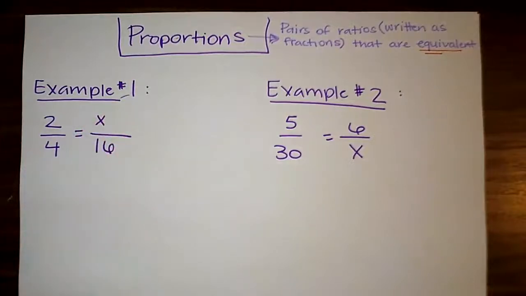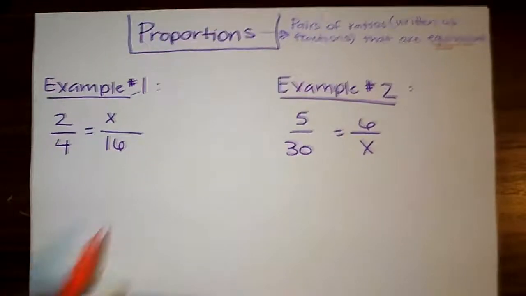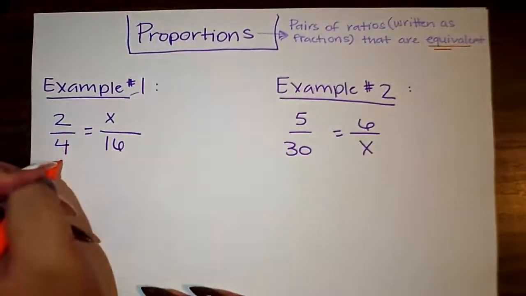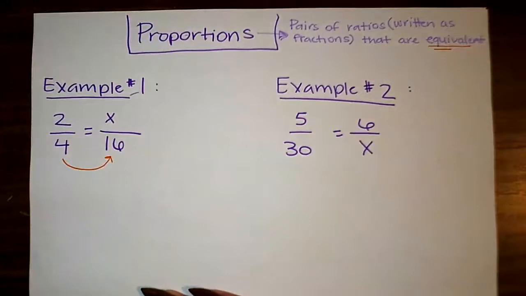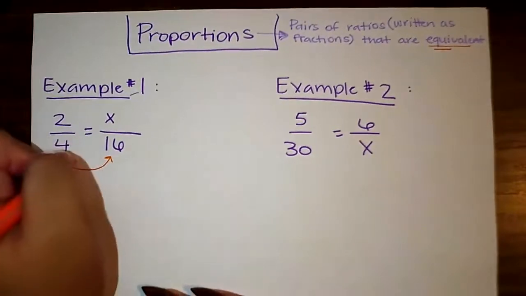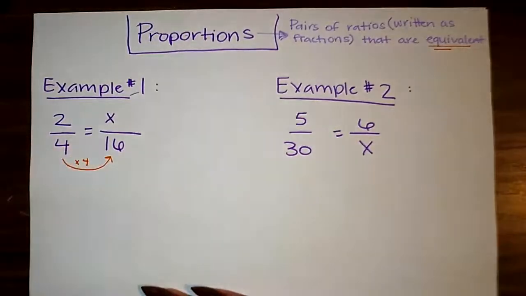Well, the first way that we can determine if a proportion has ratios that are equivalent is by testing the relationship. So I want to know, how can I get from 4 to 16? Well, I know that I can multiply times 4.